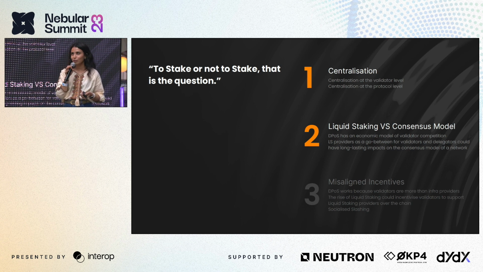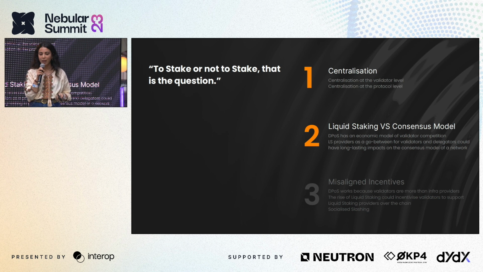The other challenge that we also see has to do with the consensus model of proof-of-stake ecosystems. Here it's important to understand that delegated proof-of-stake has an economic model of validator competition. Validators compete with each other for the stake of delegators, and by doing that, they are not just infrastructure providers. They provide a lot of value and a lot of services to the chains and the ecosystems that they validate on. They produce content, they educate the community, they participate in governance.